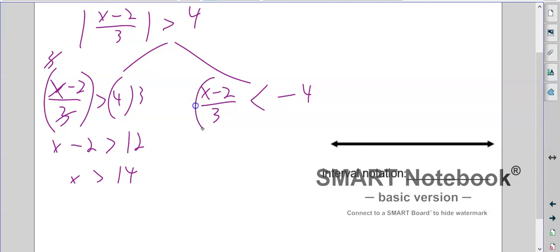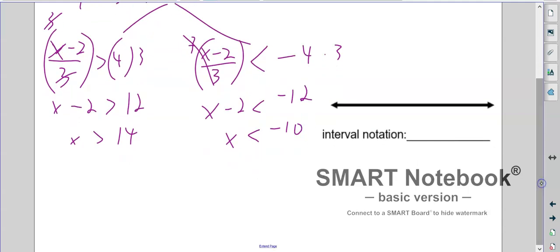Over here, again, I'm going to do the same thing, multiply by 3. And that's going to give me x minus 2, this time less than -12. Now when I add 2, I'm going to get x is less than -10. So I put my two numbers on the number line, -10, 14.